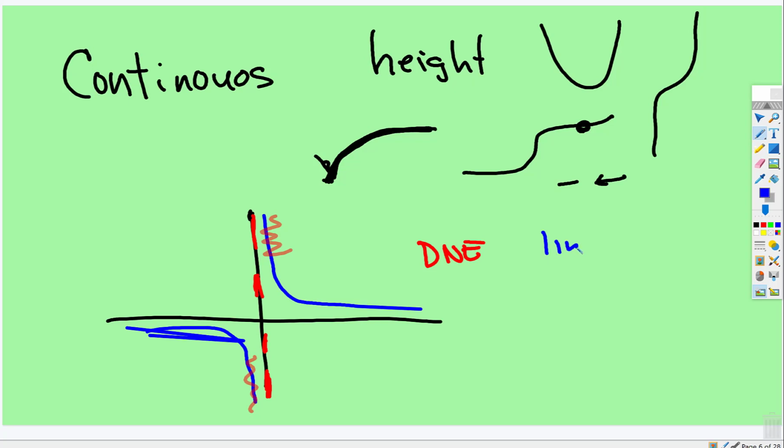So that's when the limit as x approaches c, then the limit as x approaches c from the left side, and from the right side.